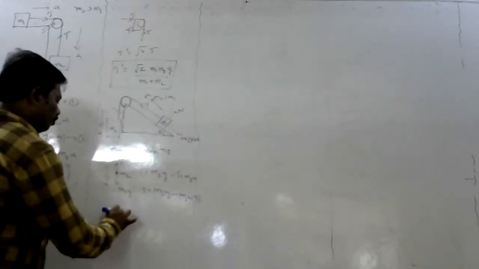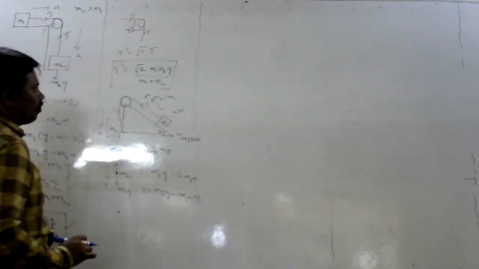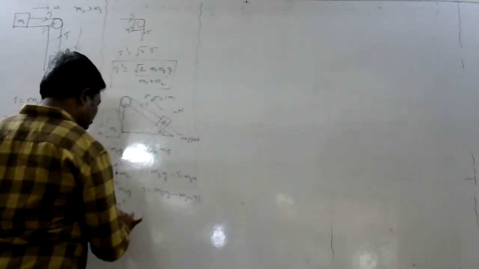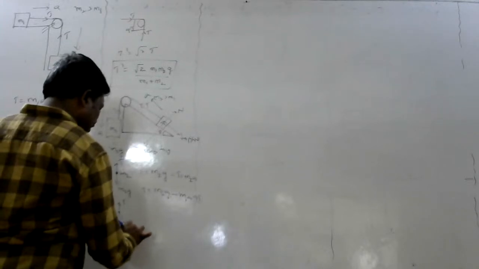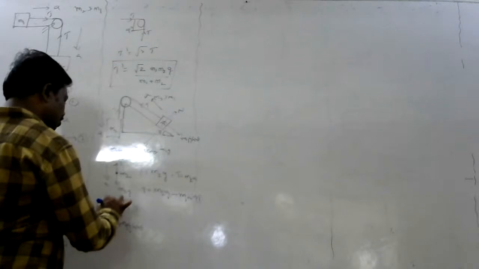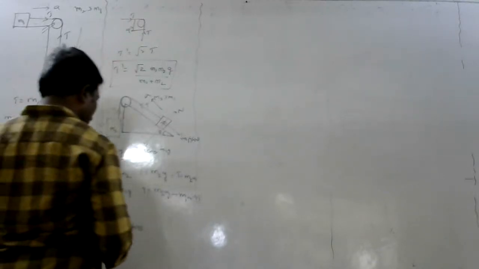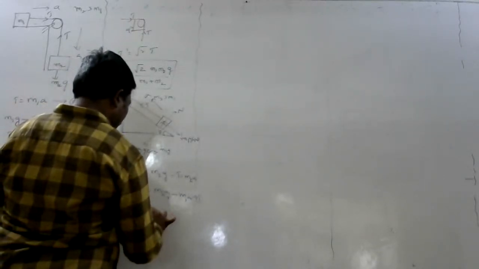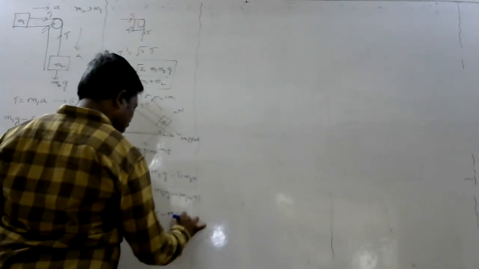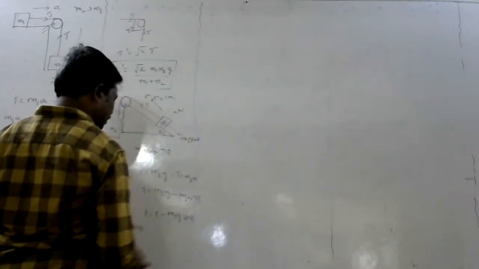From this one, the free body diagram: here tension T and m1 g sin theta are acting, and the acceleration is upward. So from the free body diagram, F is equal to T minus m1 g sin theta.